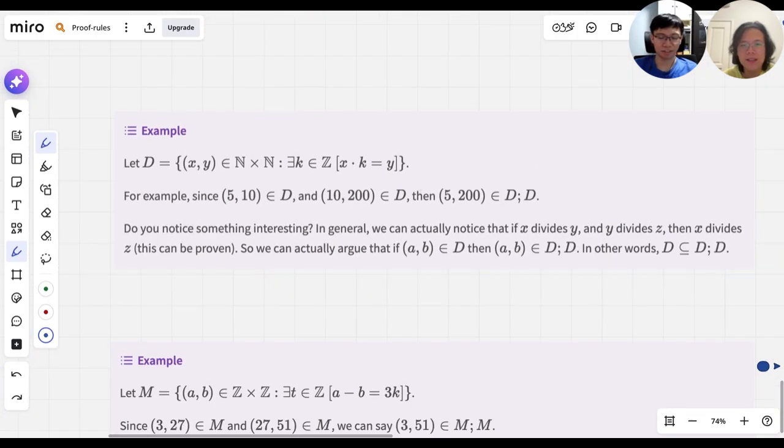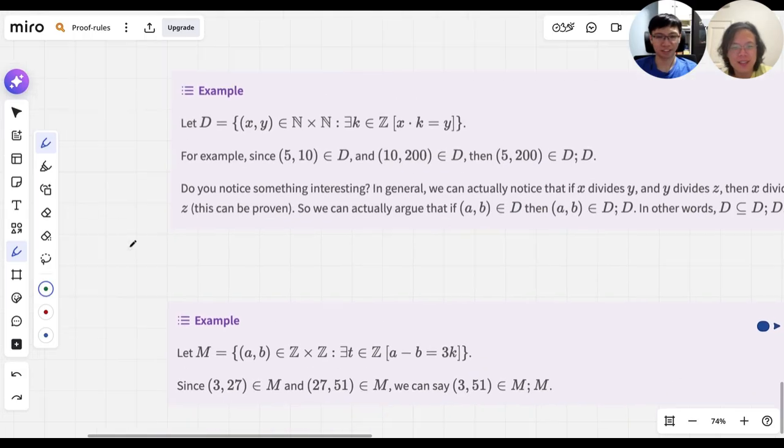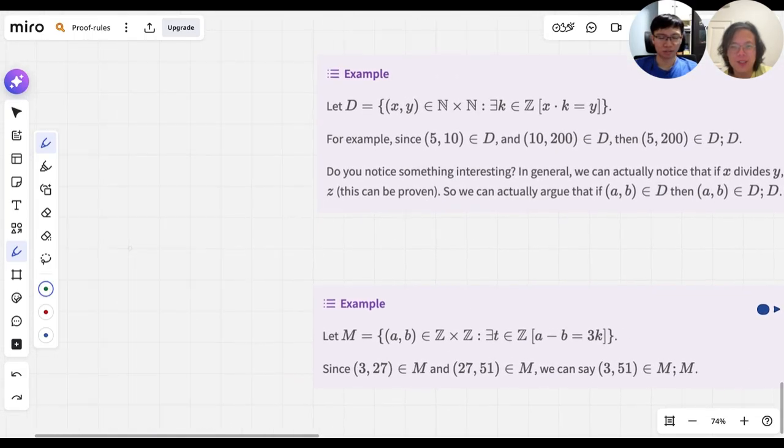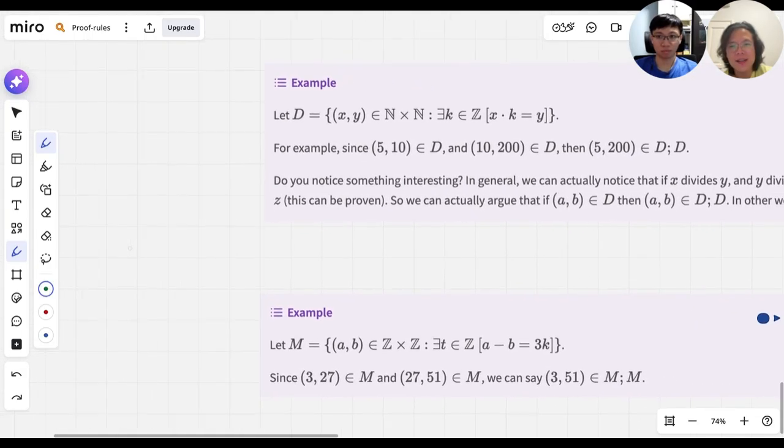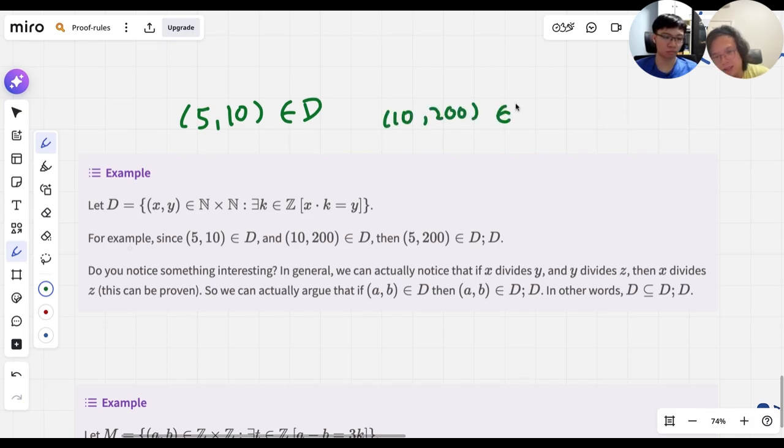Let's take a break from reality and start doing some math. Let's go through the divisibility and congruence modulo examples, just to be safe. We know that (5, 10) happens to be in D because 5 divides 10. We also know that (10, 200) is in D because 10 divides 200.